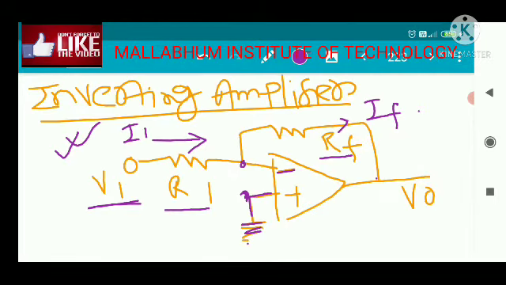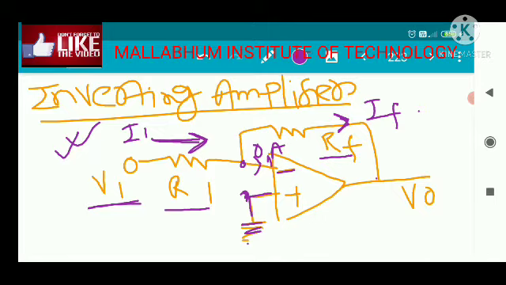Now as we know, in the ideal case we have assumed that the input resistance of this operational amplifier is infinite. So as the input resistance is infinite, the operational amplifier does not draw any kind of current, that we have also discussed previously. So this current is actually 0 ampere. Whatever current is flowing through I1 is exactly equal to IF.